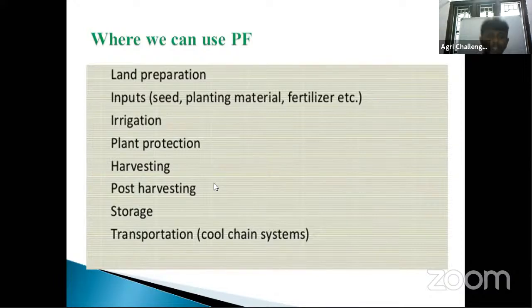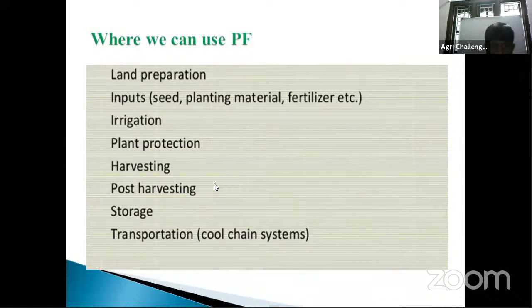There is laser land leveling, which is GPS based, a laser-based land leveling implement. That is also one of the implements used to level the land very efficiently.